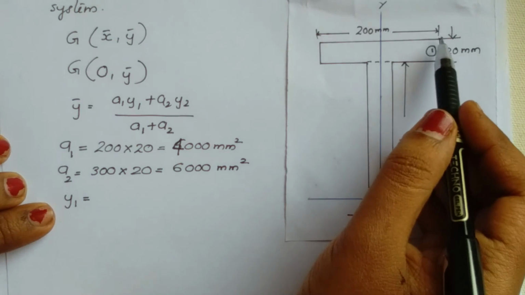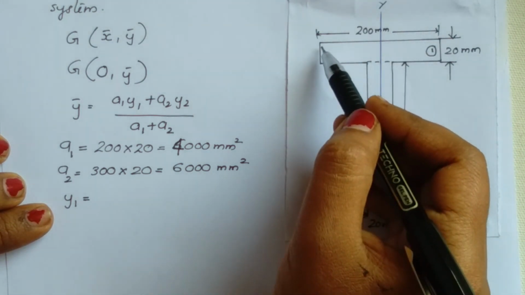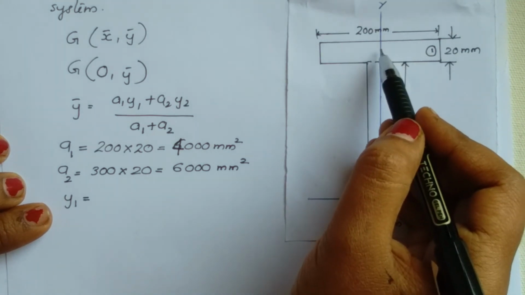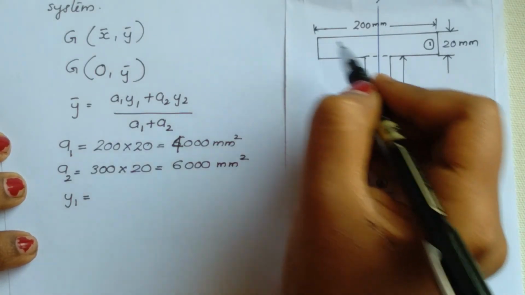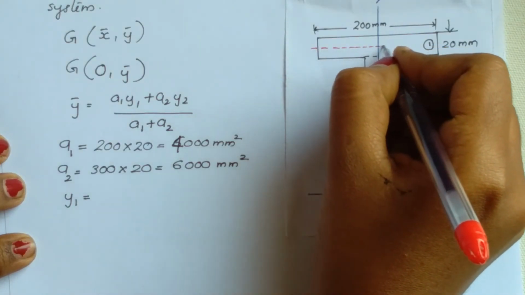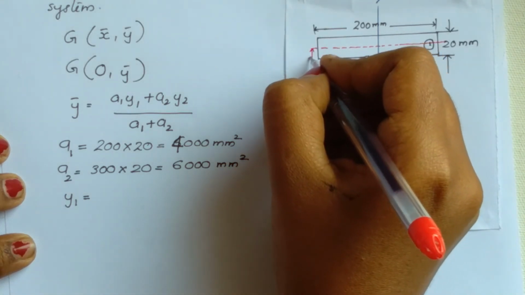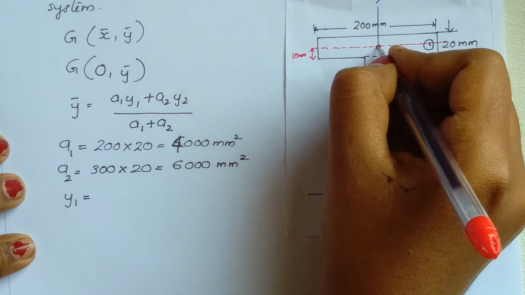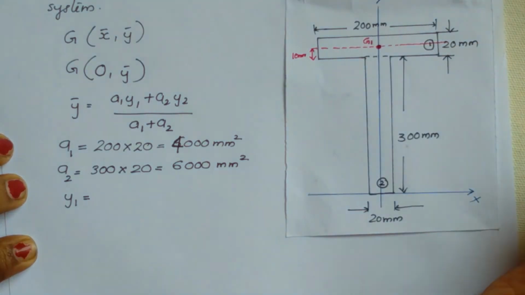We know that the first figure is a rectangle, so the centroid will be at the geometric center of this rectangle. If this is 10 mm, then this will be the centroid of the first rectangle. Let us mark it as G1.